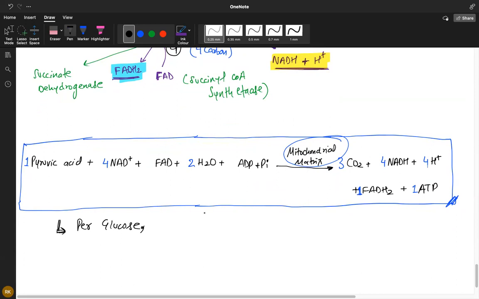Per glucose, how many ATPs we will get through TCA? 2 ATPs. Is it clear, everyone?